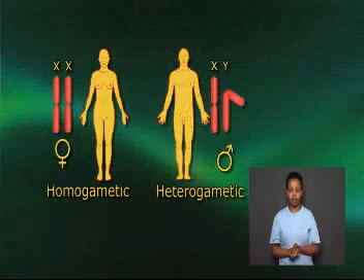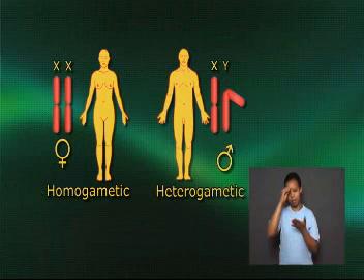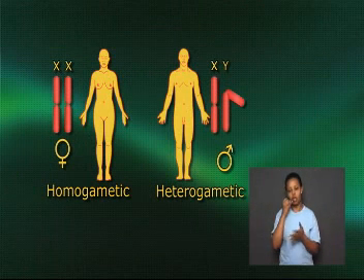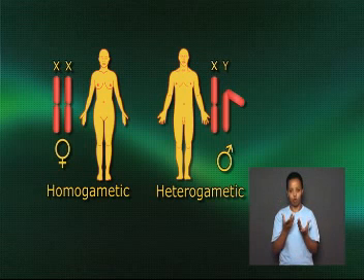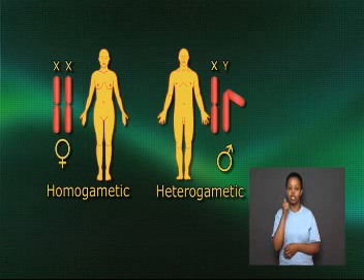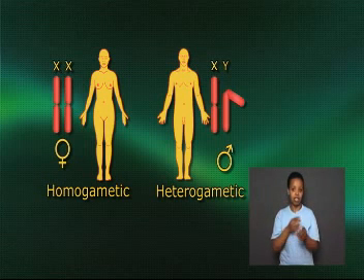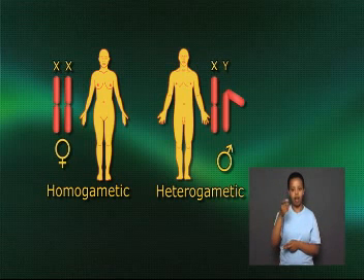We have already learned some facts about sex determination in previous grades. We know that sex is determined by the X and Y chromosomes. Females have 2 X chromosomes and are called the homogametic sex, while males have an X and a Y chromosome and are called the heterogametic sex.